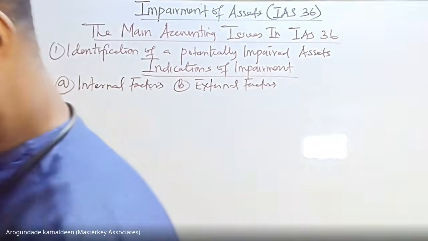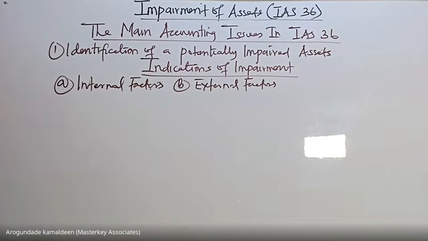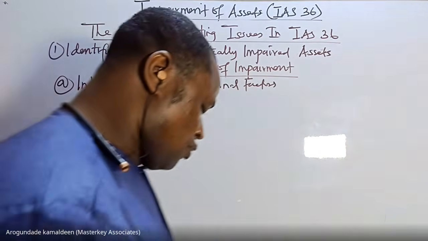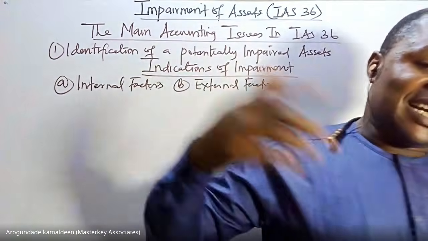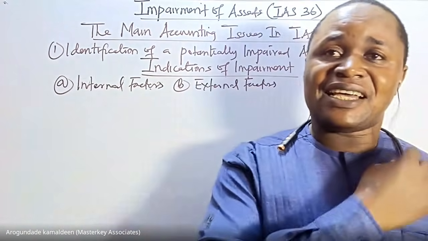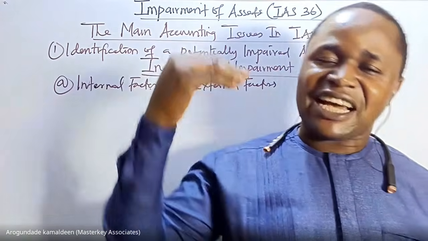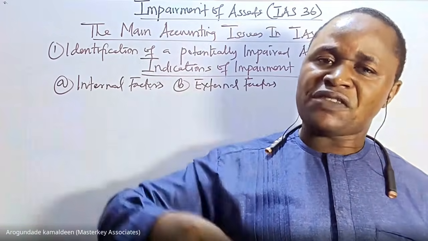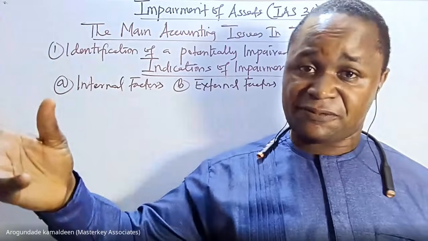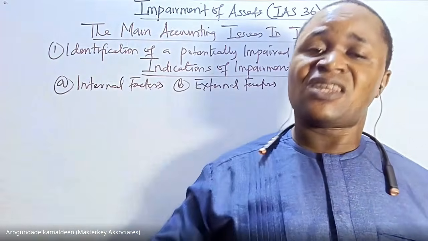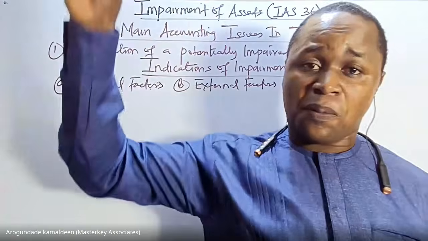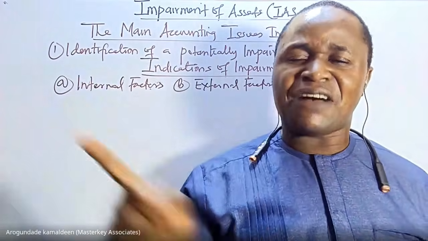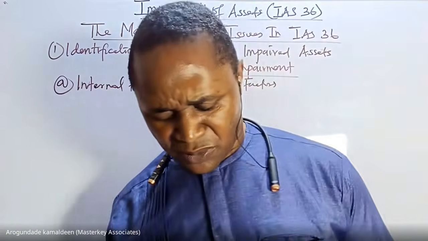There is an impairment. Next, an increase in interest rate, which adversely affects the recoverable value. Class, interest rate is a national issue. I told you it's one of the causes of systematic risk. You cannot control it. If the interest rate jacks up in the country, it will affect virtually everything.